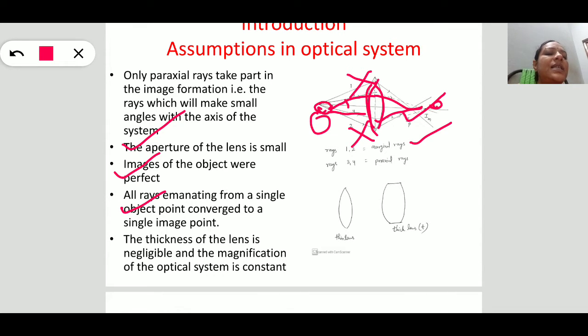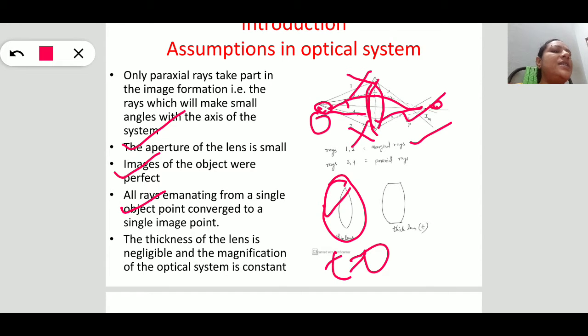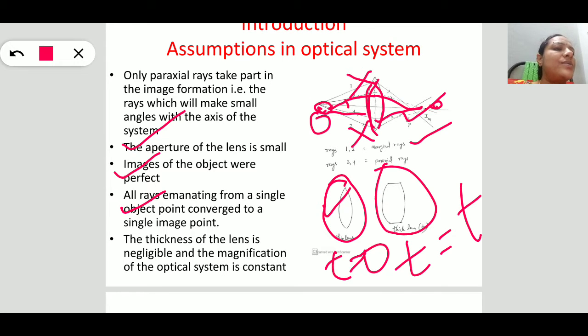Similarly, we consider a thin lens, where the thickness is considered to be 0. Here t is equal to 0. But if we consider a thick lens, we have to consider this thickness also, and then the image formation will change.